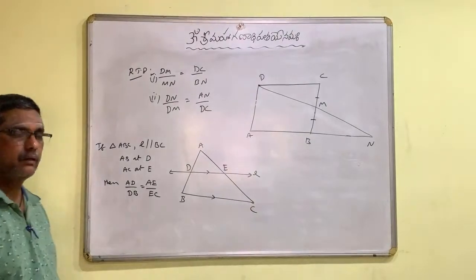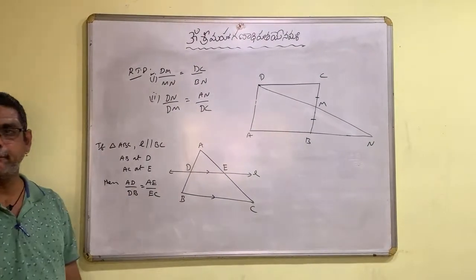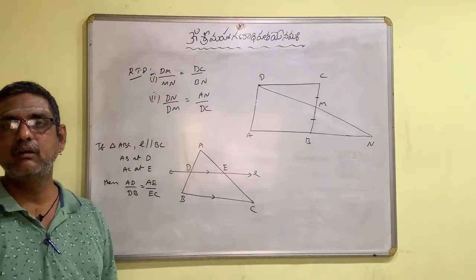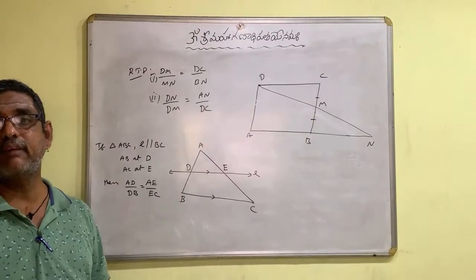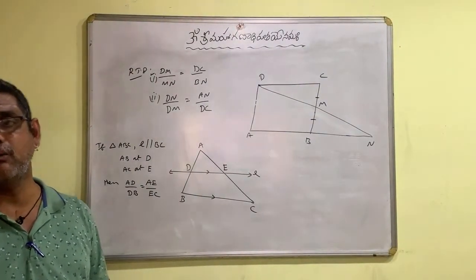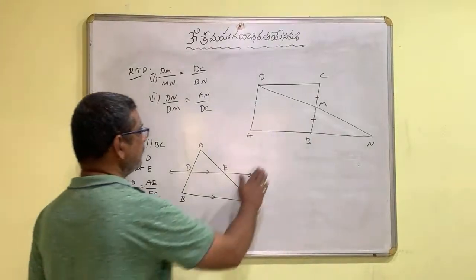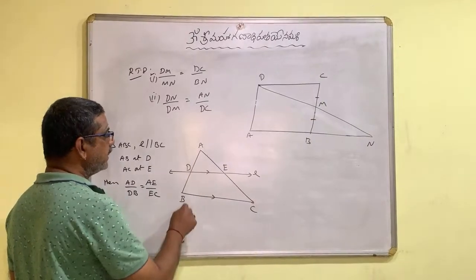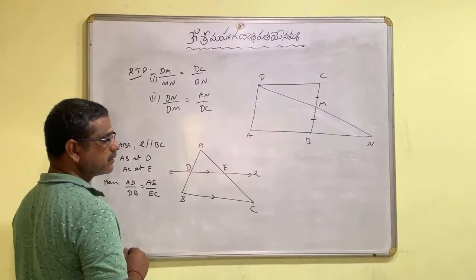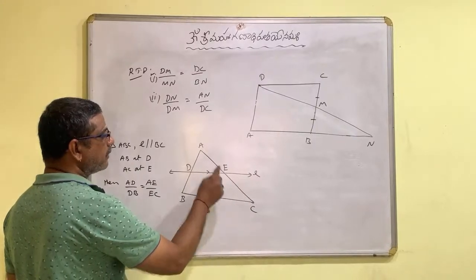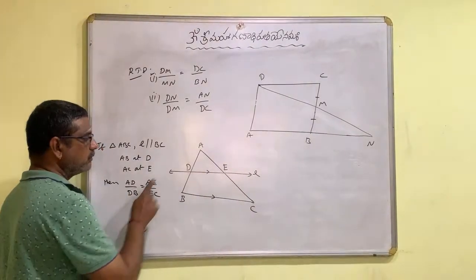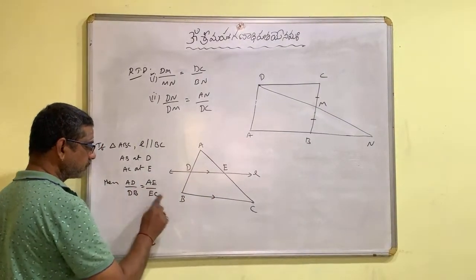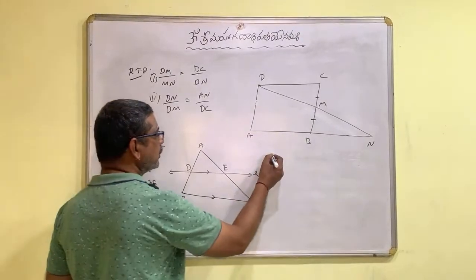See, these two ratios are equal. We need to observe some more ratios which are also equal, which are very much necessary for problem solving. What are they? First one, see, line L is dividing AB into two parts, AD, DB, and AC also into two parts, AE, EC. Their ratio, AD by DB equal to AE by EC, is this one. Now, one more ratio I am writing.